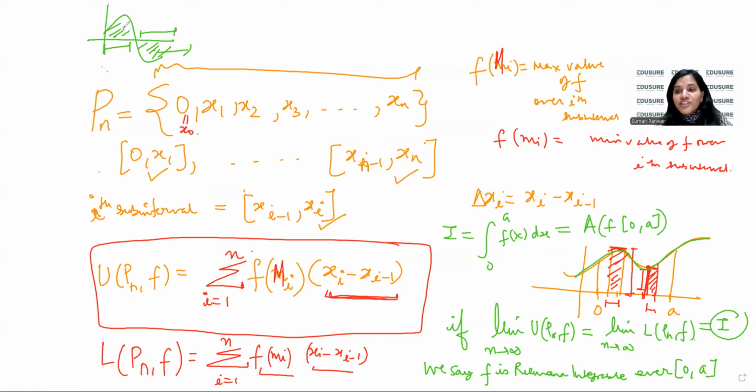And if they are not converging to the same value, the function is not integrable. So that is the definition of Riemann integral, and that is how we calculate the area under a curve within two particular values, for example, 0 to a here, using Riemann integral.